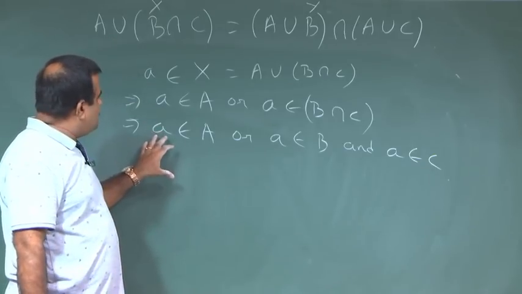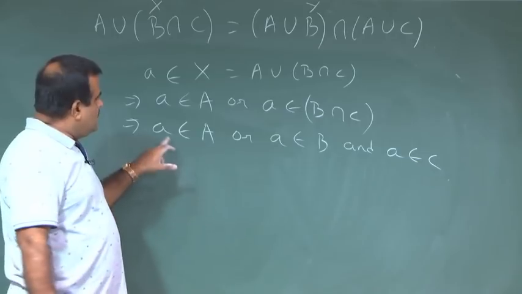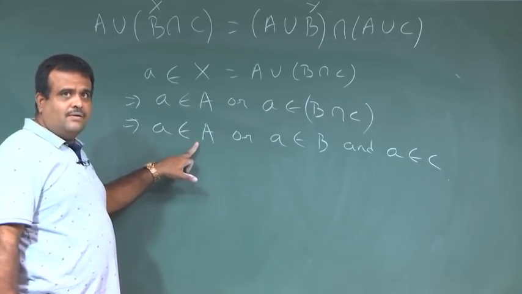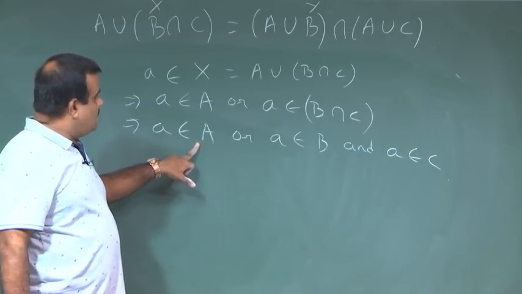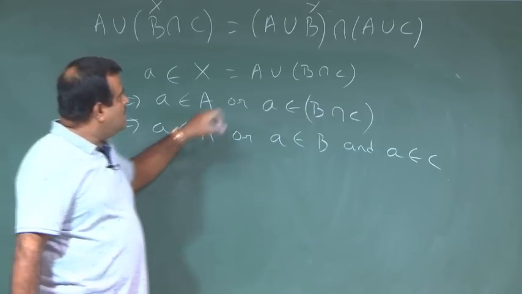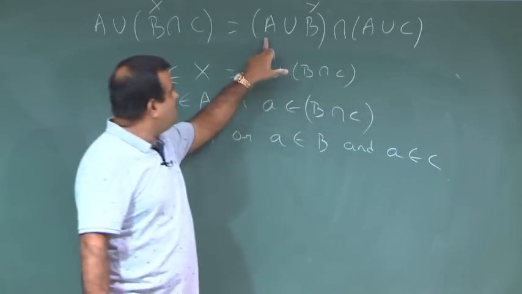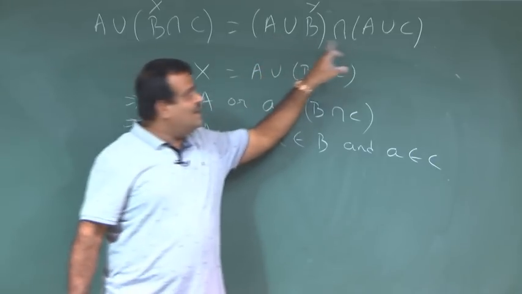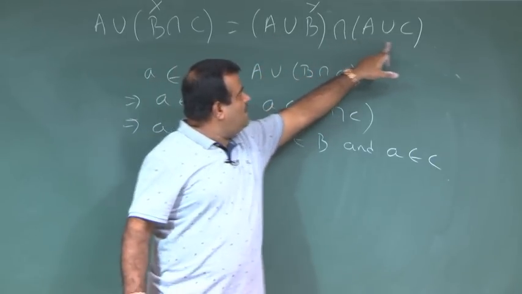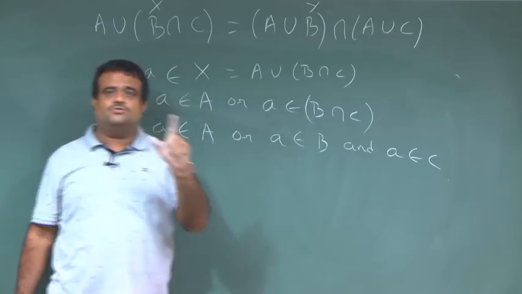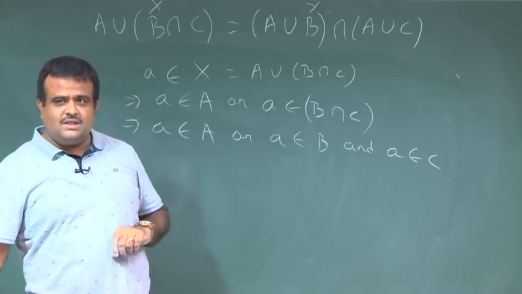Okay. Now, this is basically a belongs to this or this. So, there are two cases now. First case, if a belongs to A, then a must belong to both of these. a must belong to A union B and A union C. So, a must belong to the intersection of both.